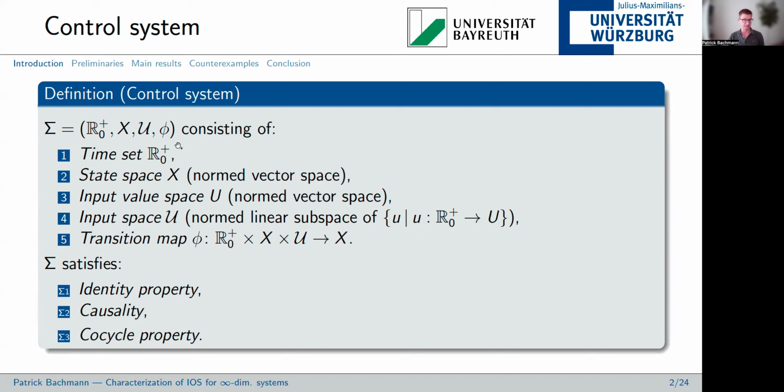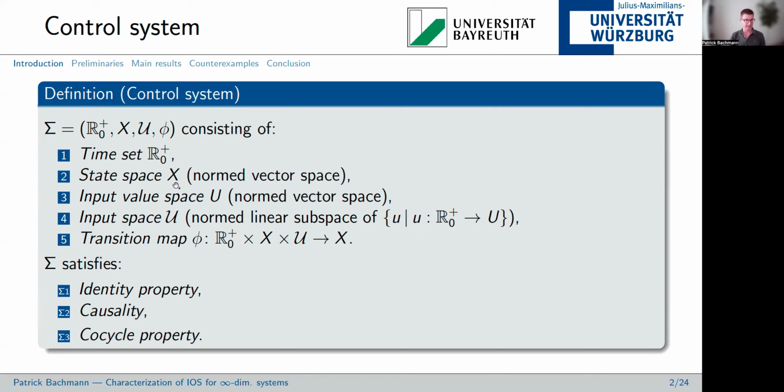We have a time set, which is the non-negative real numbers. In the paper version, we also considered the natural numbers. So it's also possible to modify this a bit, but for ease of notation, let's stay with the real numbers.